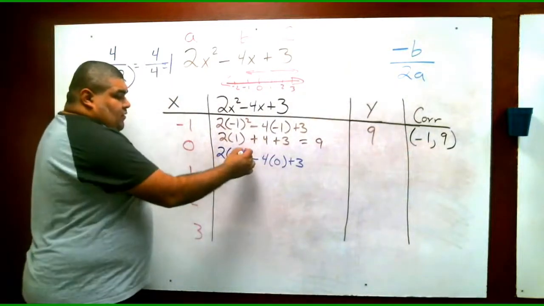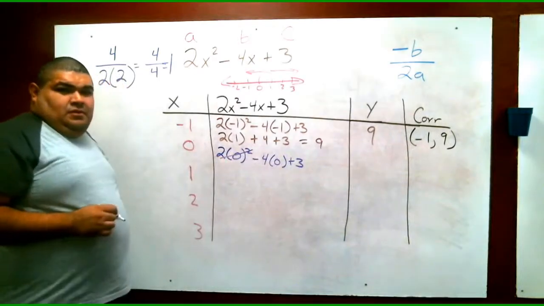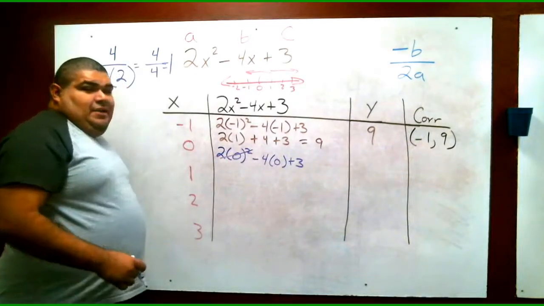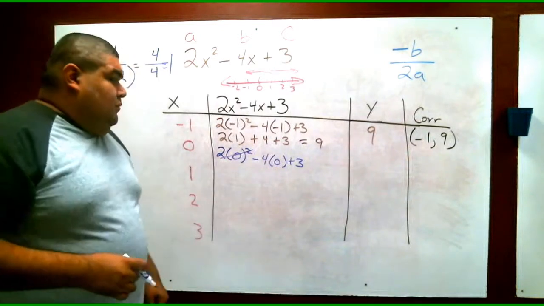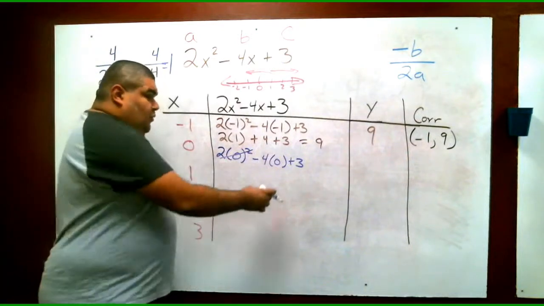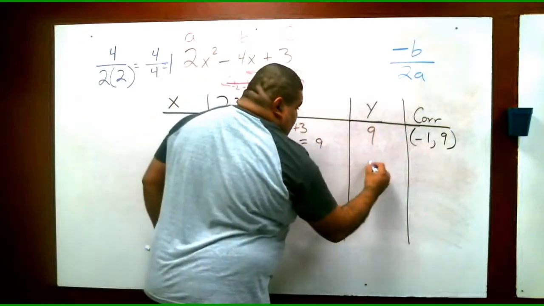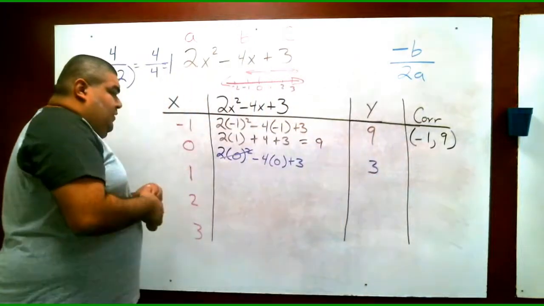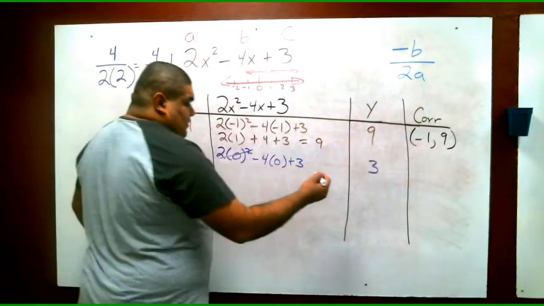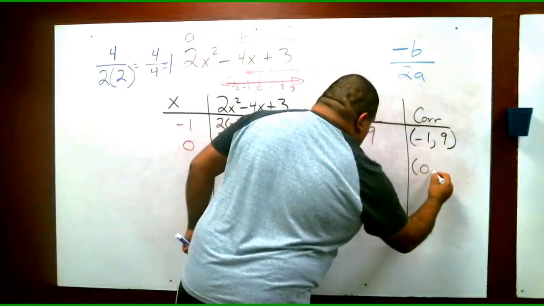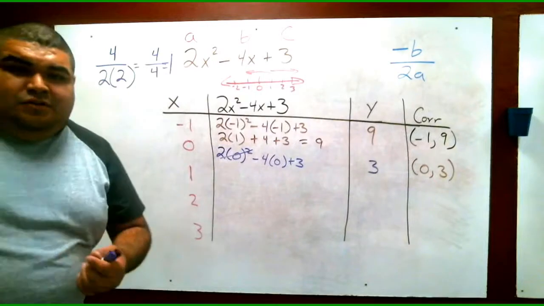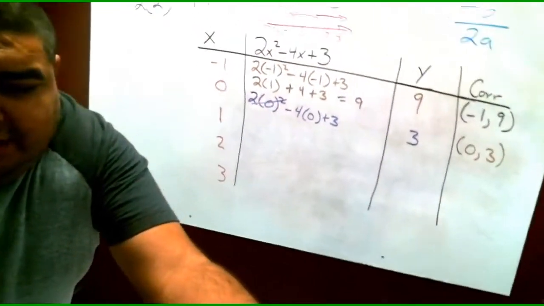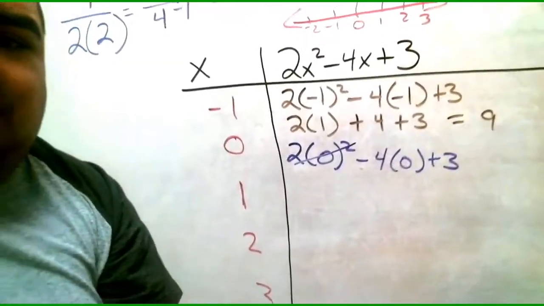So technically, all this cancels out. Then we have negative 4 times 0, which is also 0. So we're left with 3. So our next coordinate is 0, 3.